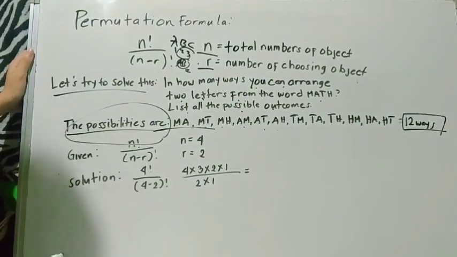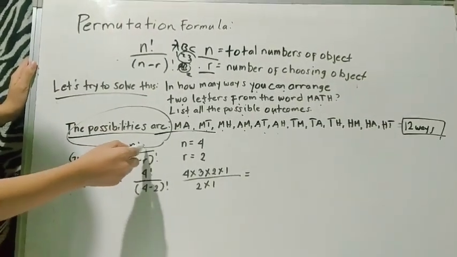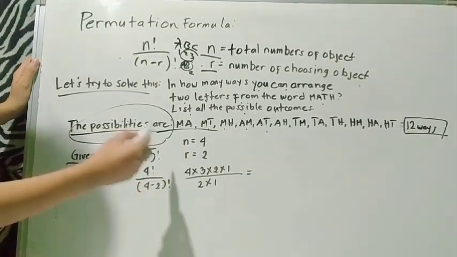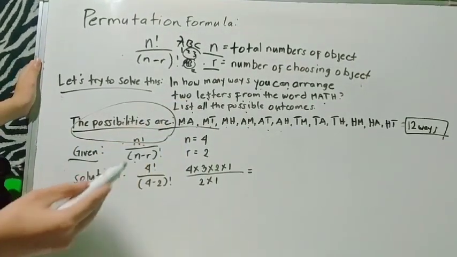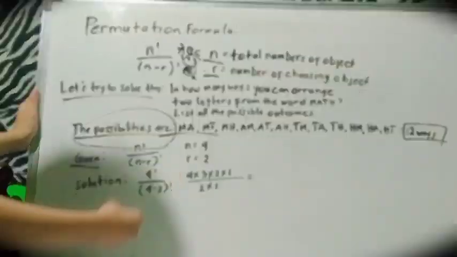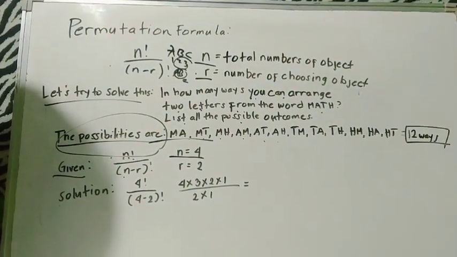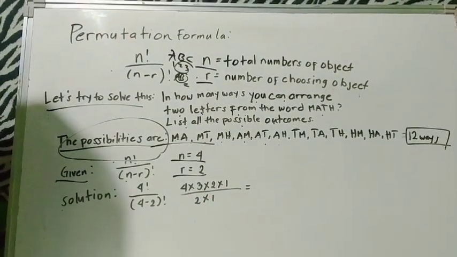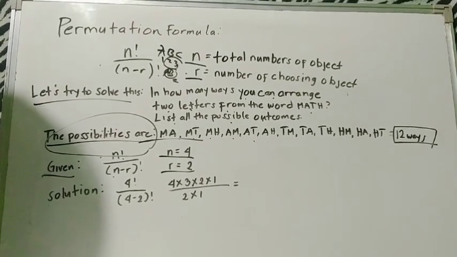So using our formula, n factorial over (n minus r) factorial. It says here, in how many ways can we arrange 2 letters from the word MATH. Our n here is 4 because there are 4 letters in the given word, and r is 2 because the task is to arrange 2 letters from the given word.